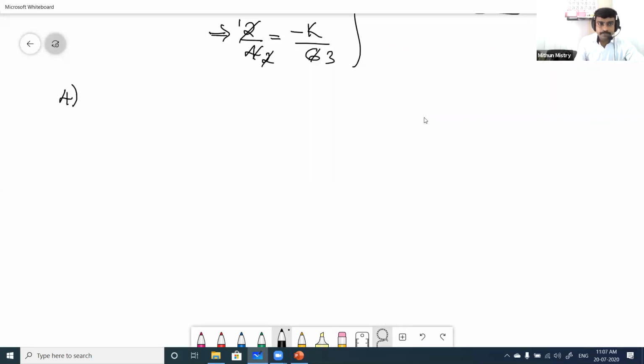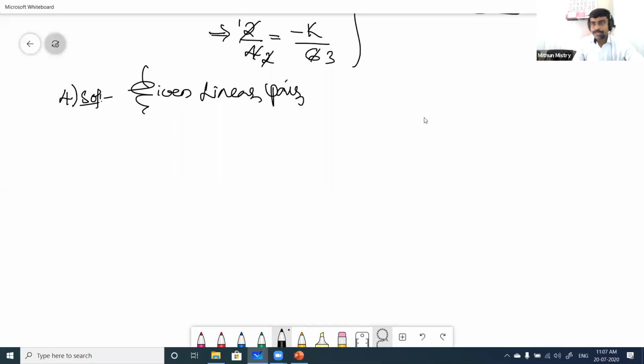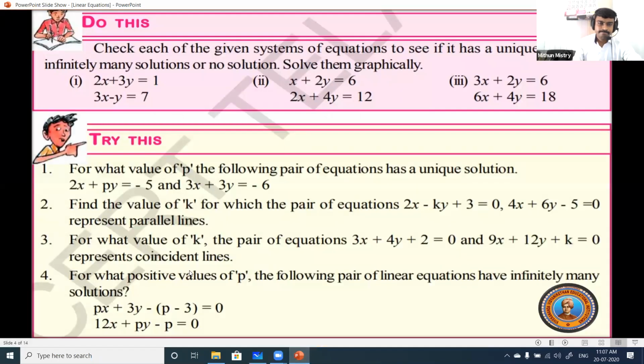This is the fourth solution. Just tell me the given pair. Where is Gagan? Somebody can unmute and read out the question.